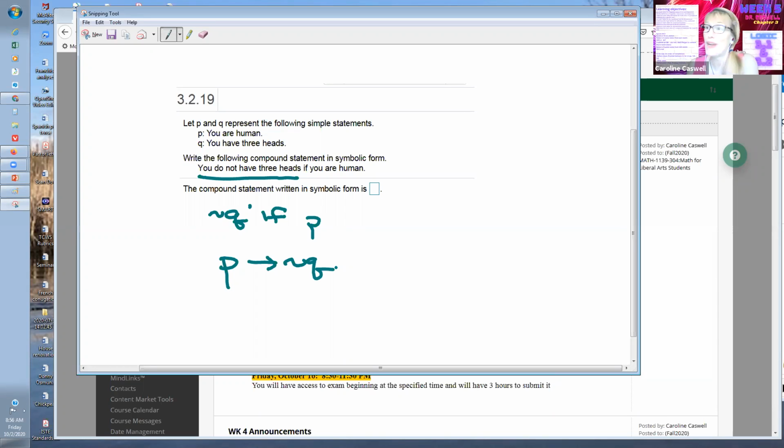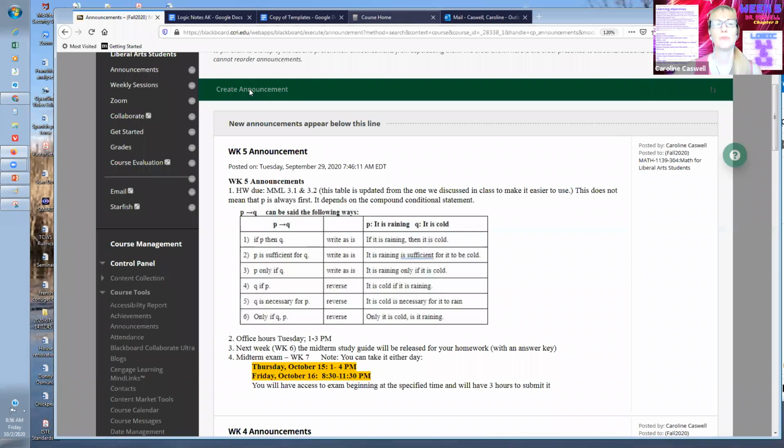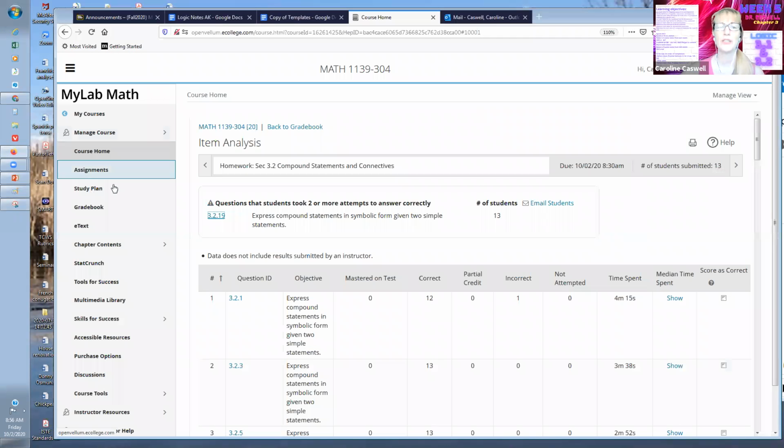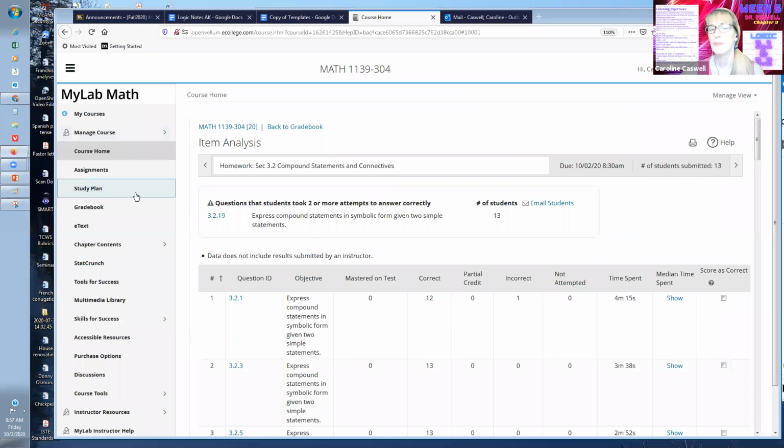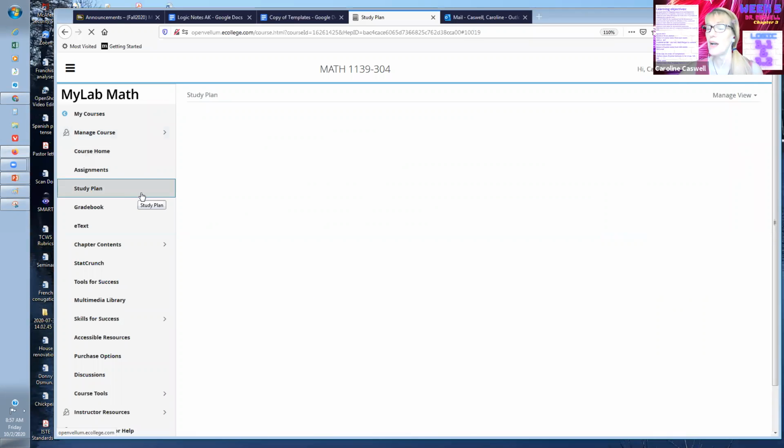So this can be challenging. You just have to practice. And here's the other thing I do want to mention while we're here: when you go into MyMathLab and you look at the area called study plan, what I give you for homework is the minimum. It's not enough to master anything. It's enough to practice a little bit.